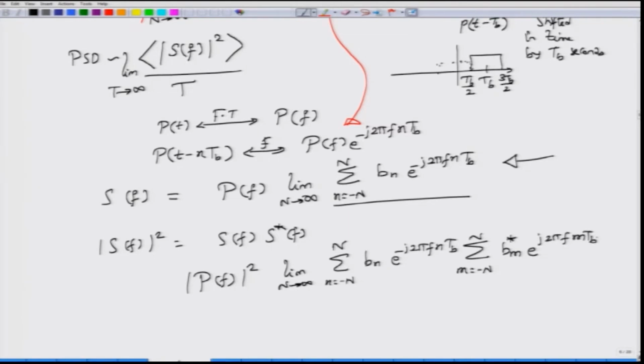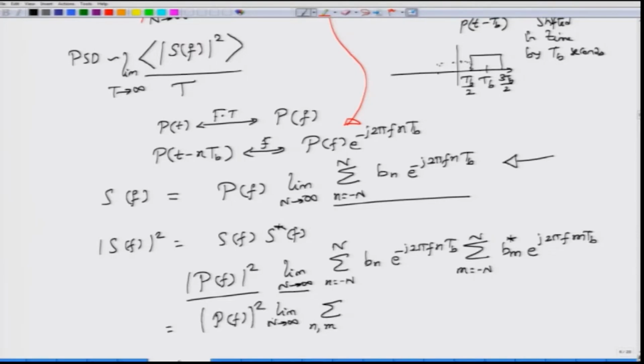You can then rearrange these summations. The limit would also remain, and the summation here can be pulled to the left. I am going to use a shorter, concise notation: I say summation over n and m, and the limits of minus N to plus N are understood, I am not going to write them, just to simplify how the equation looks.